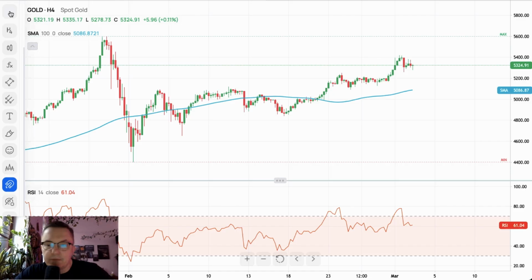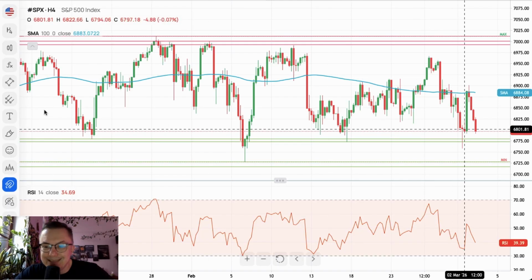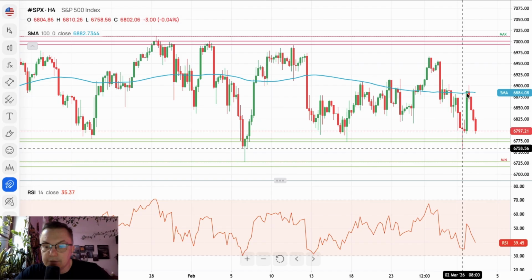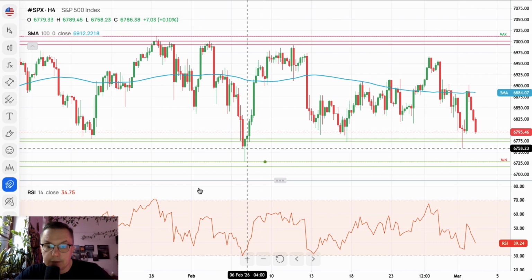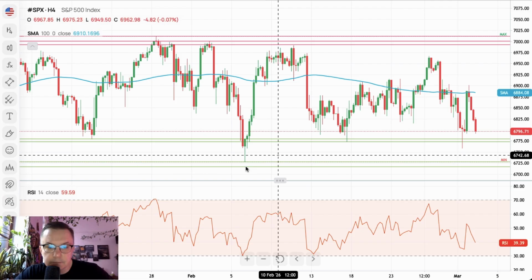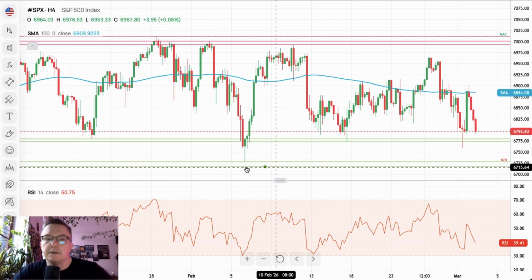Now the S&P 500 has erased all of yesterday's gains, very close to yesterday's low, 6,758. Any breakout lower opens the road towards the swing low from February 6th. This is 6,727 or even 6,715.